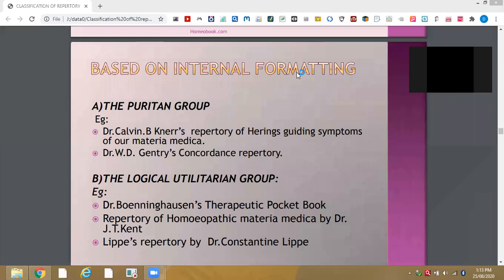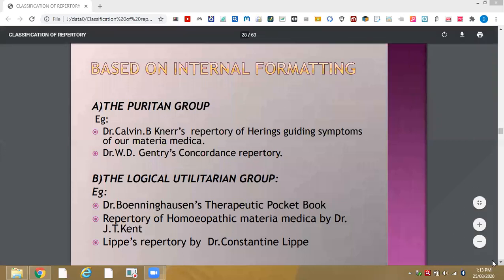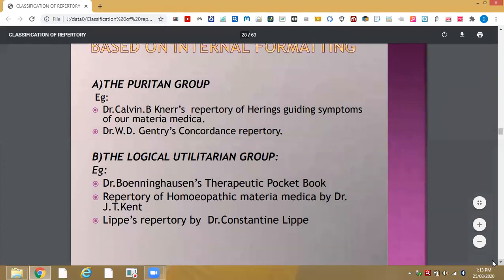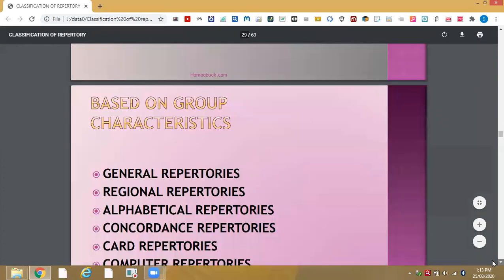The examples are Boenninghausen's Therapeutic Pocketbook, Kent's repertory, and Lippe's repertory. These are the examples of the logico-utilitarian group of repertories.